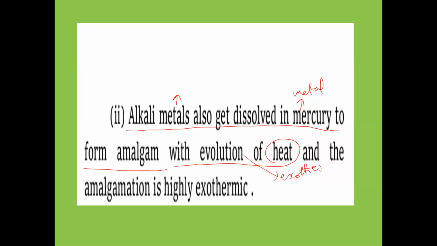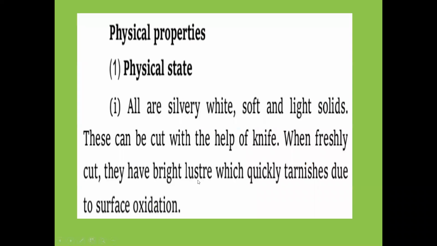Whenever sodium or an alkali metal combines with mercury to form amalgam, energy is released. The reaction is exothermic in nature. The amalgamation, the formation of amalgam, is a highly exothermic process. Exothermic means heat is evolved.